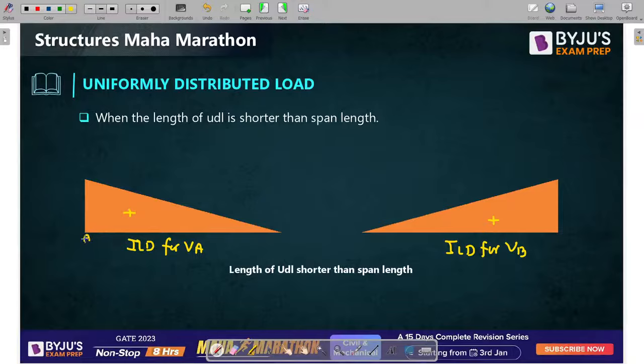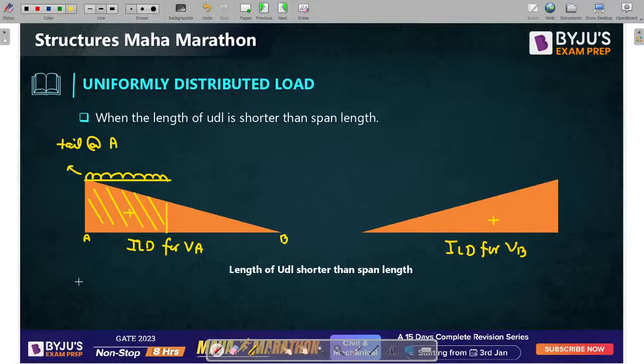This is A, let us consider this is point B. So guys, what you have to do? Can I say that I need to put the tail at A so that the maximum area of ILD can be covered under the UDL? Please write down yes or no. I need to put the tail at A, so that the maximum area can be covered, right?